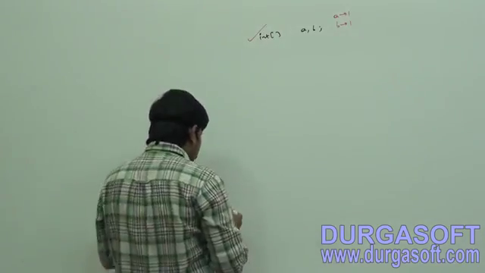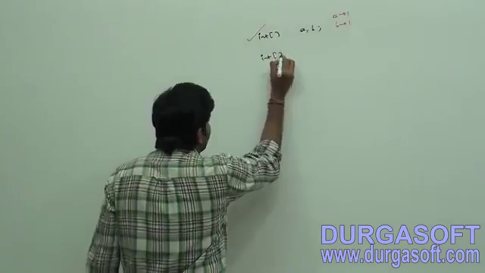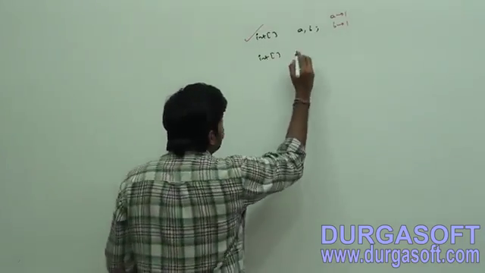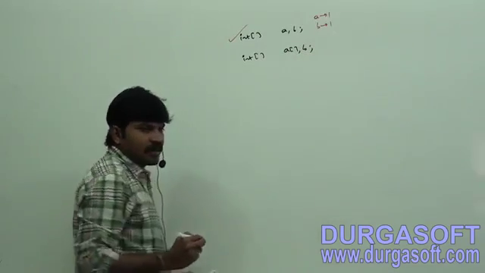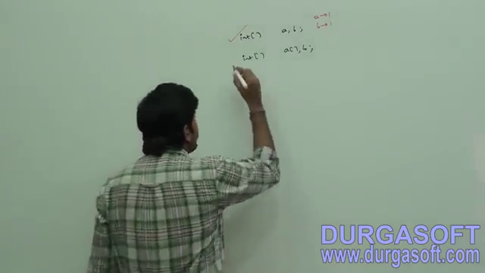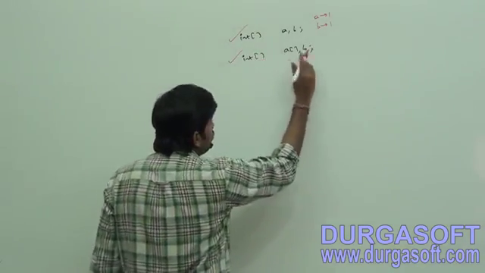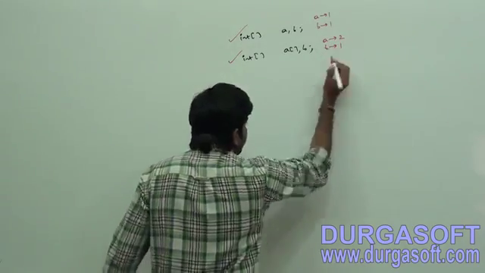Now, sir, I am taking int array A comma B. It's also valid. What is A's dimension? A is 2. What is B's dimension? 1.